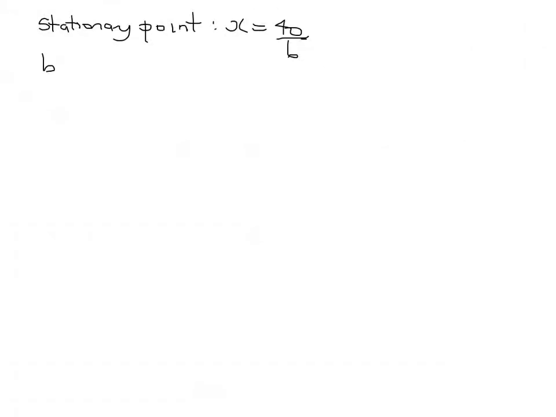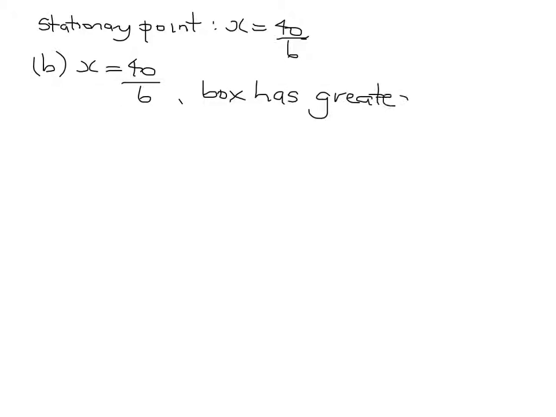So part B, the question said find the value of x that gives the box its greatest volume. Well, when x equals 40 on 6, the box has greatest volume. And part C said actually find that volume.